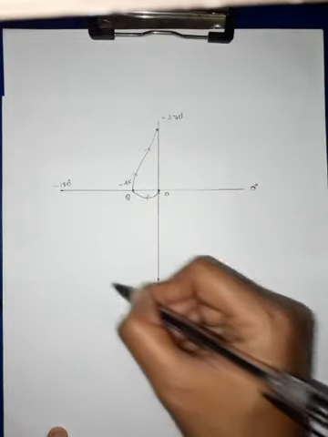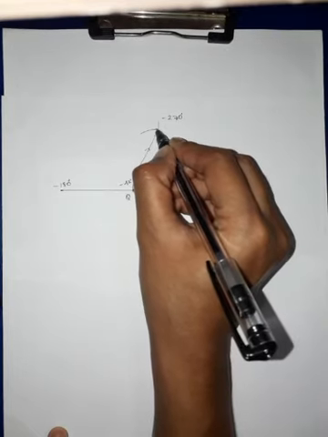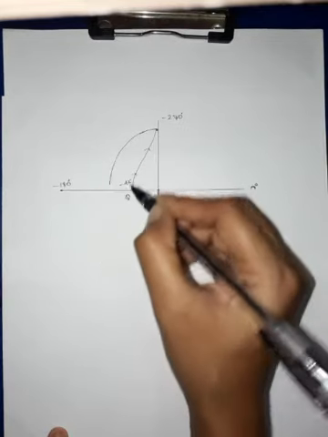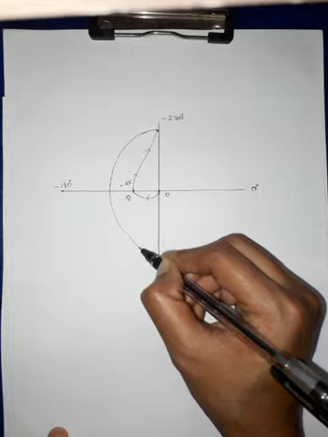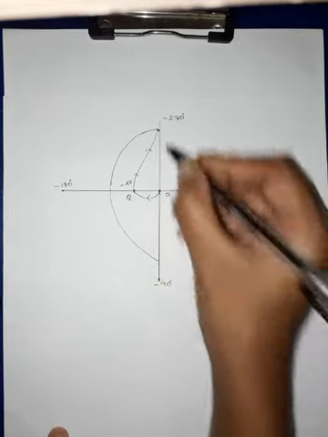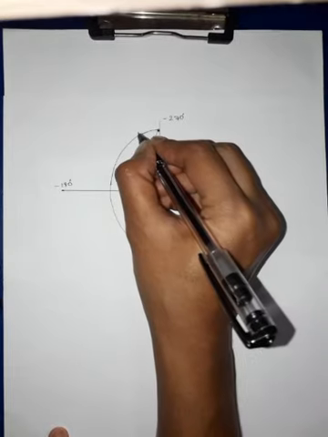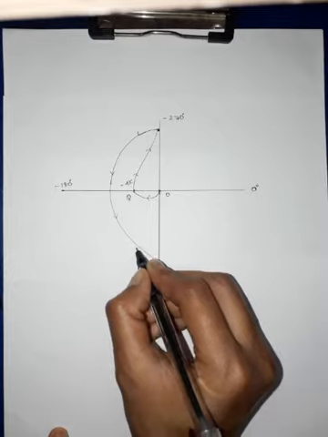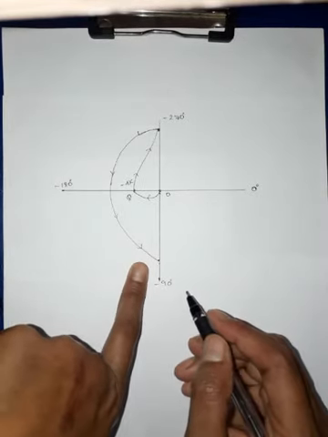The Nyquist plot will be like this. This is with respect to section 2.